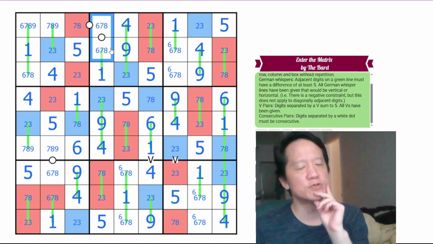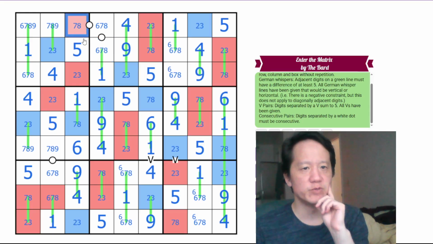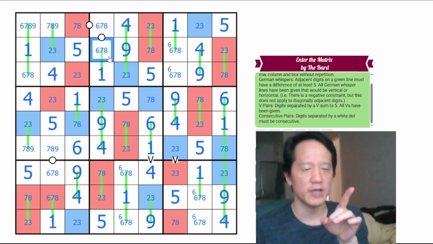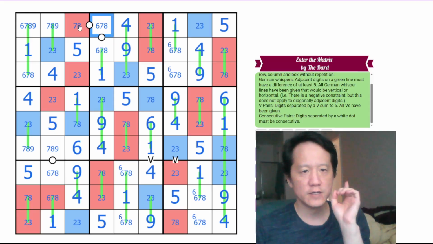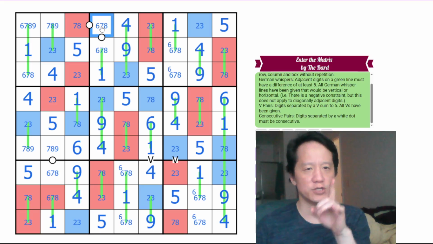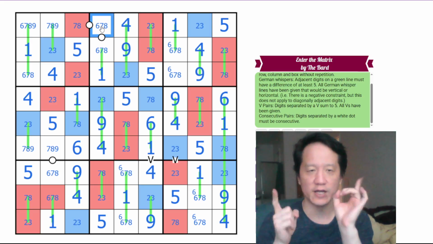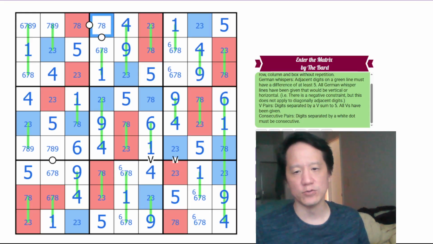And if the blue 7 or 8 were here, the problem is this would be 7. If this were 7, this would be 8, and there's no digit that can be consecutive with both 7 and 8. If this is 8, this is 7, and then this would have to be similarly a digit which is consecutive with both 7 and 8, which is not possible. Therefore, this has to be the blue one.